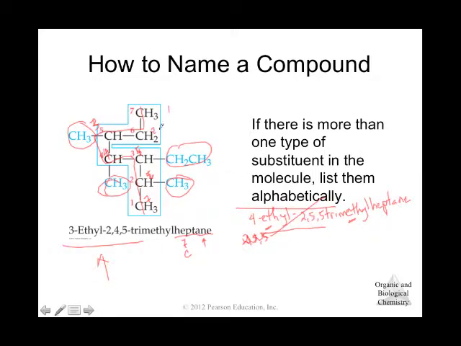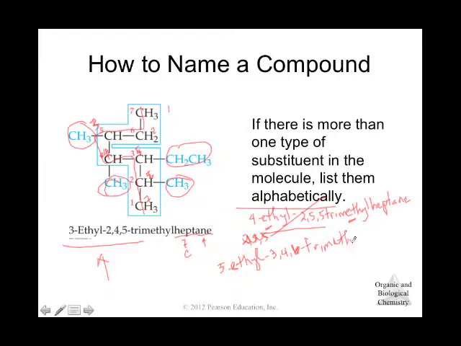Let's do it again. I want to make the point here about numbering from the correct end. This would have been called 5-ethyl 3, 4, 6 trimethyl, and the rest is the same.